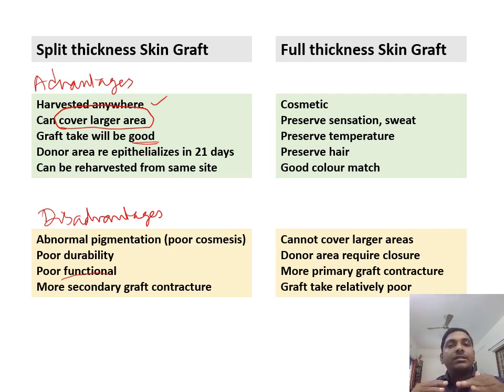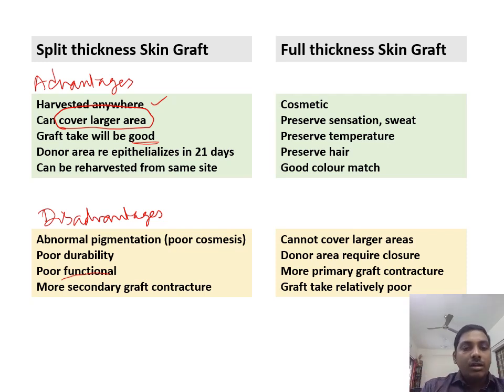Secondary graft contracture is the contracture that happens during the process of wound healing. If you recollect the wound healing chapter, we described skin graft as a type of tertiary wound healing, or wound healing by tertiary intention, or wound healing by delayed primary healing. Once the graft has been placed over the granulation tissue, the wound healing mechanism will cause the graft to get contracted.